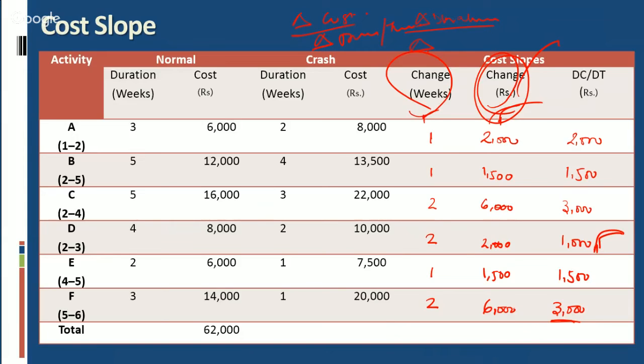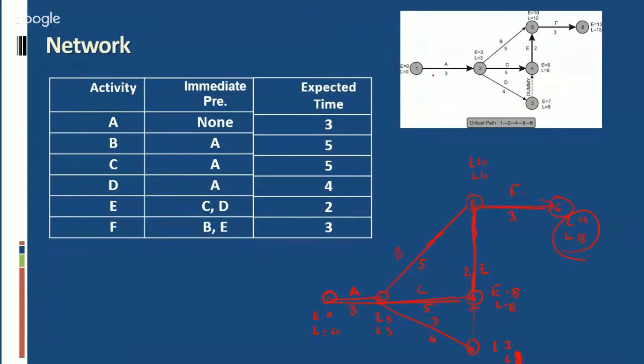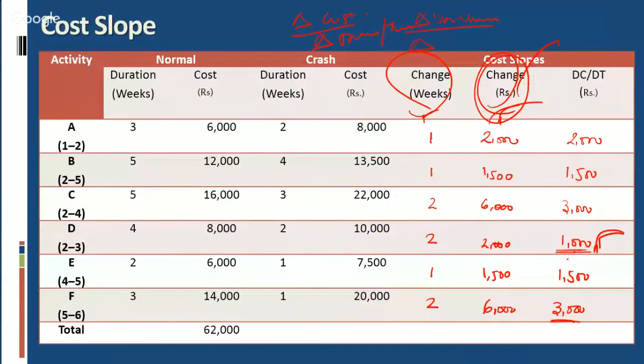First, we will crash the activities lying on the critical path with least cost, and least cost is at activity D, but we have to check whether it is lying on the critical path or not. And our critical path is A, C, E, F. It means this is irrelevant for us at this point.